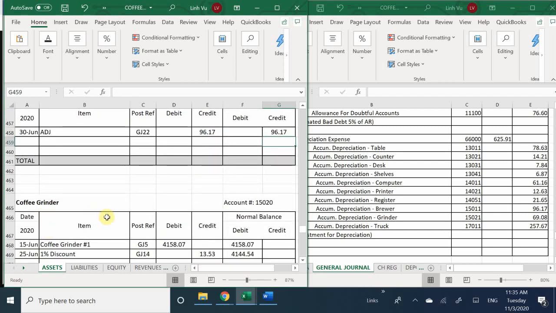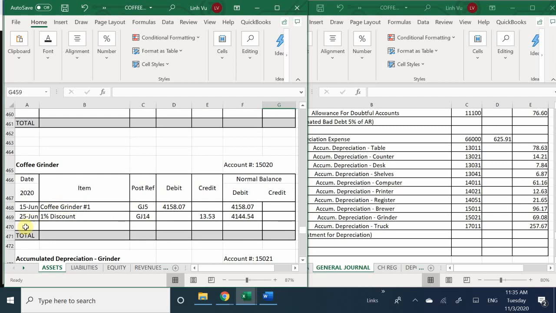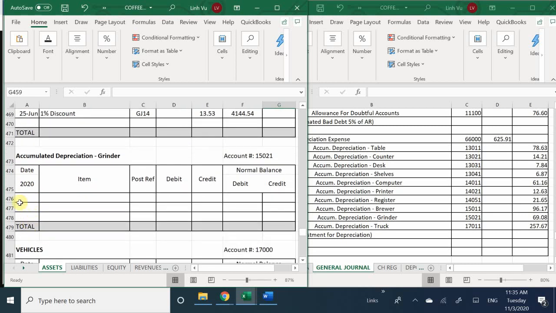Okay, so then our coffee grinder. You cannot take it directly off of the actual item. Yes. 22. Credit is going to be 6908. Therefore, that is my new balance.